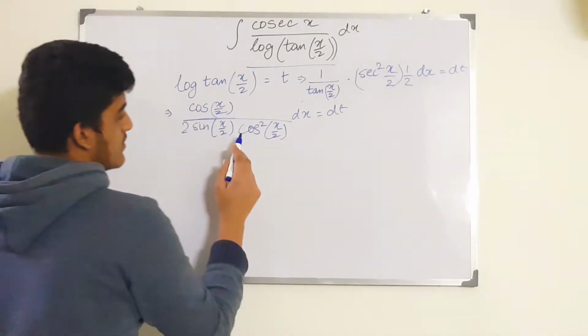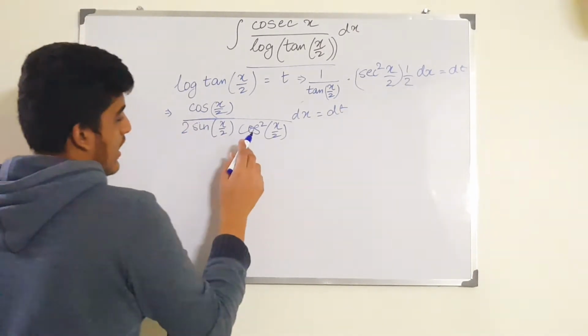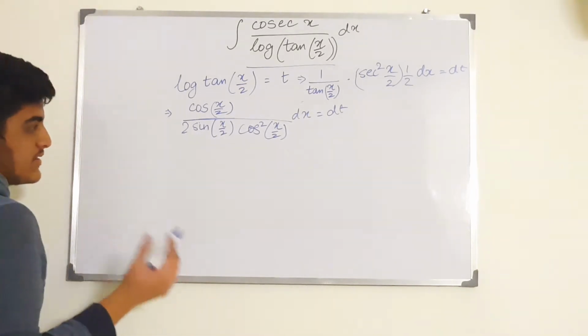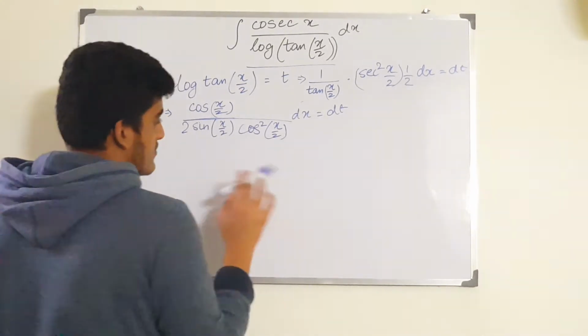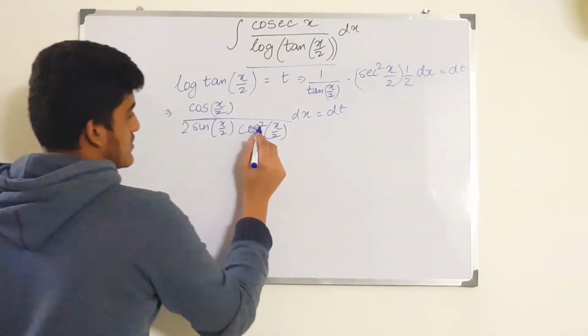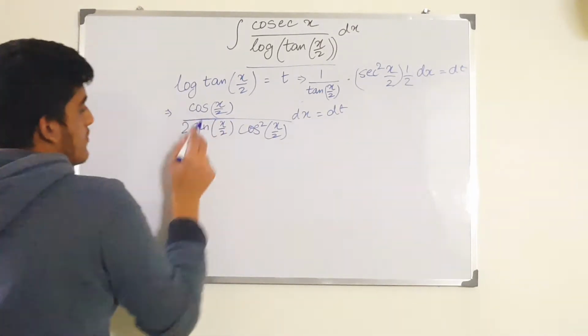We have a cos x by 2 in the denominator and 2 cos x by 2, which is cos square x by 2, in the denominator. So this square gets cancelled out with this numerator.